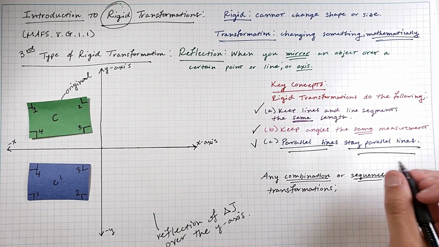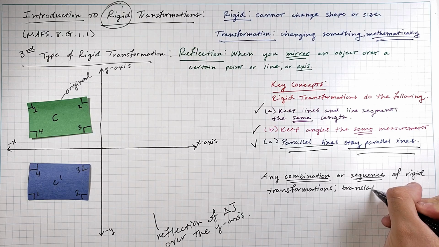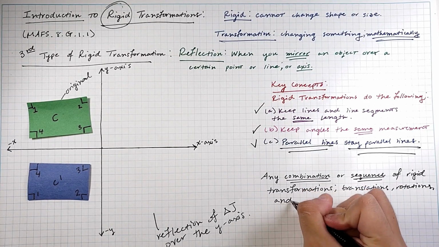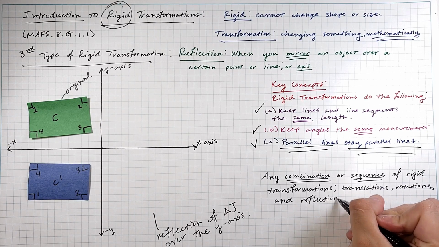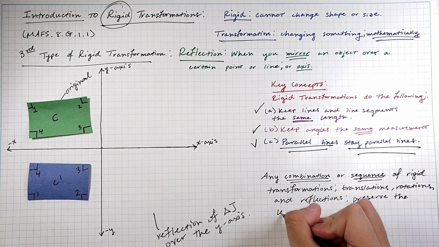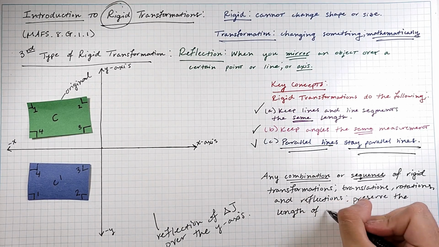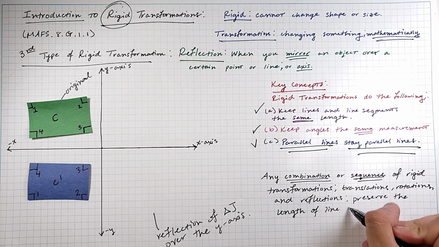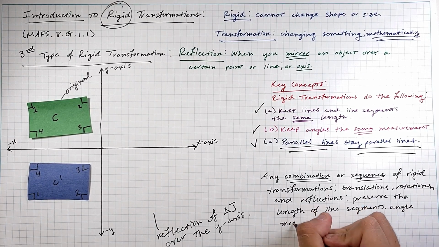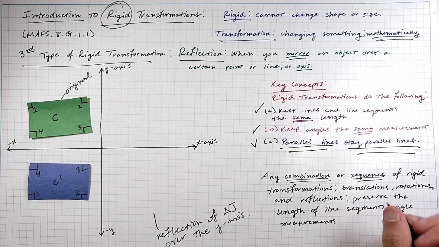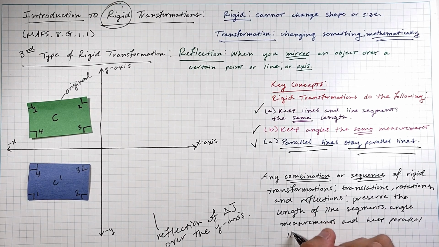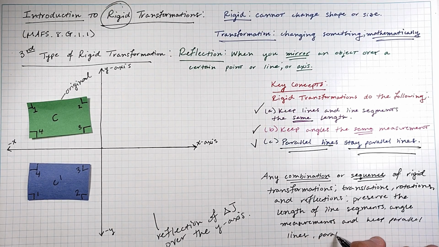That means any combination or sequence of translations, rotations, and reflections preserve the length of line segments, angle measurements, and keep parallel lines parallel.